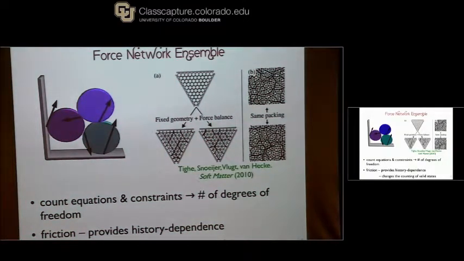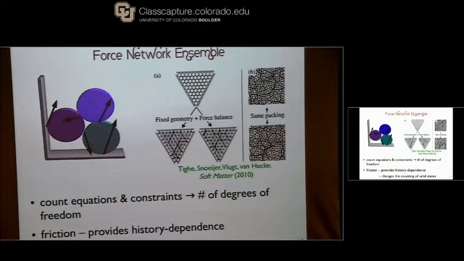So this is what's known as the force network ensemble. If you fix the configuration of particles, whether it's ordered or disordered, and you still try to make sure you have torque and force balance, there's many possible networks of forces that would solve that problem, right? So this is an ensemble, okay? And you can ask, how does the history of how you generated the forces affect that ensemble?